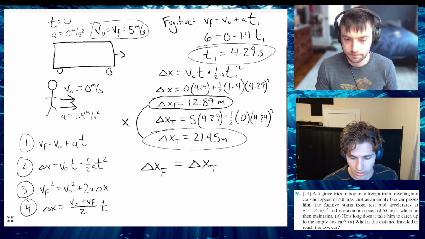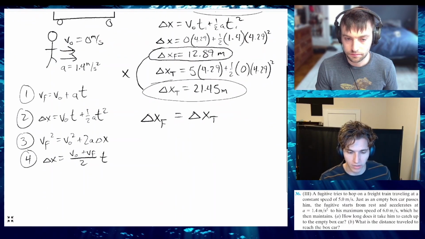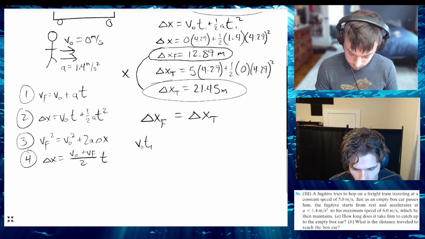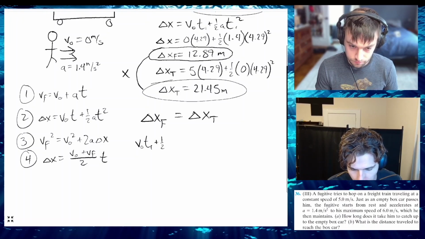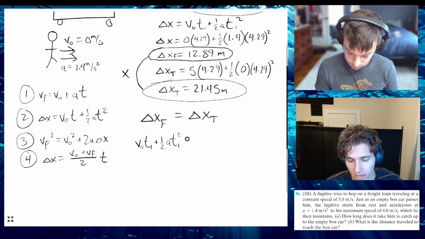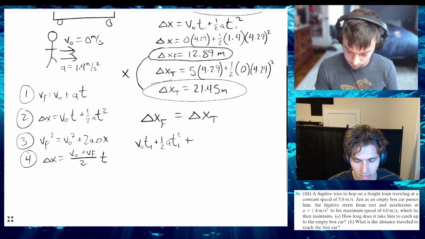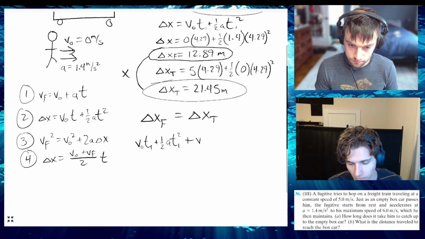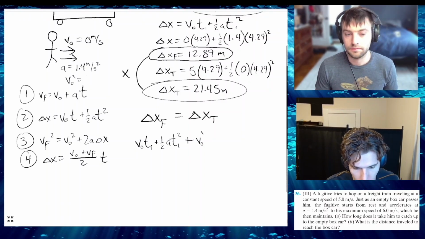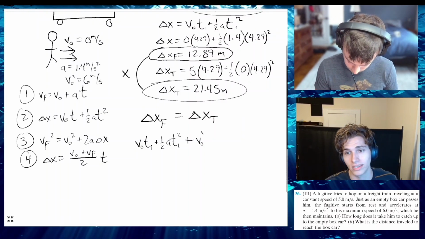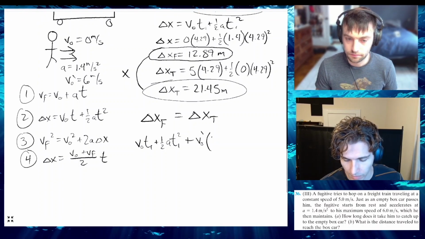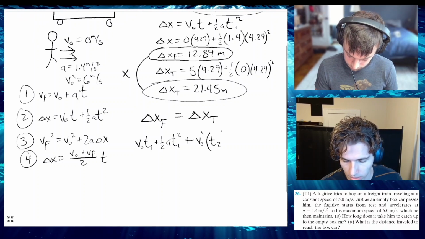The delta x of our fugitive is going to be v initial t1 plus 1/2 a t1 squared. But then once he gets up to that speed, we're going to have a new initial velocity. We're going to call this v naught prime. And v naught prime is equal to 6 meters per second, or in other words, his v final from the previous one. And that is going to be multiplied by t2, some new time.